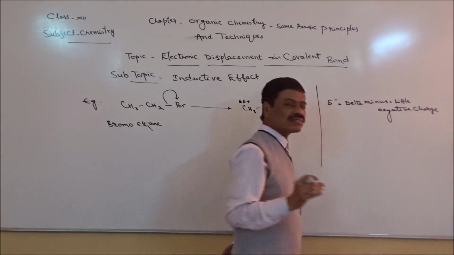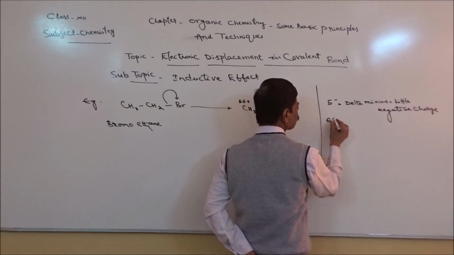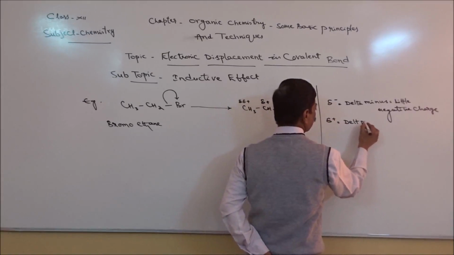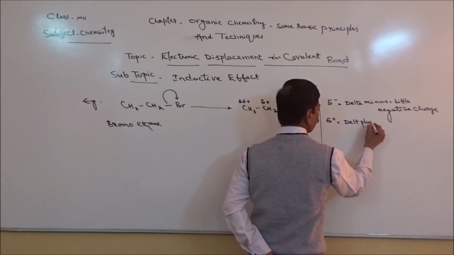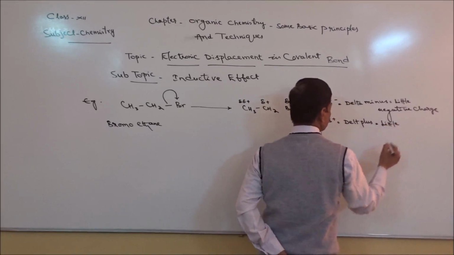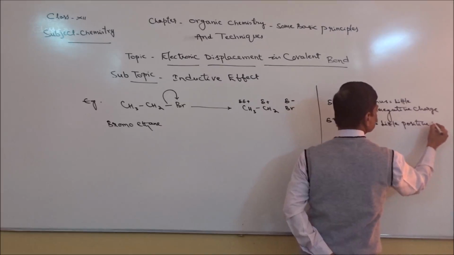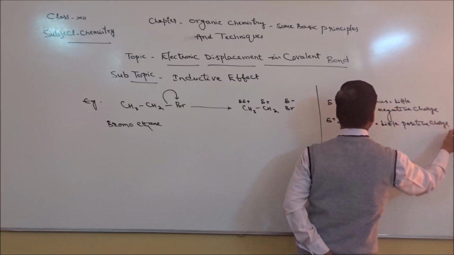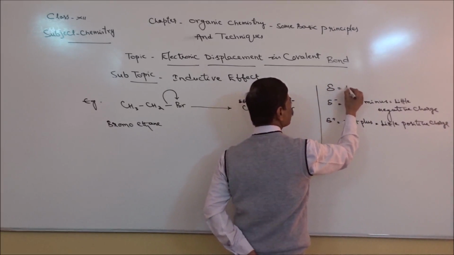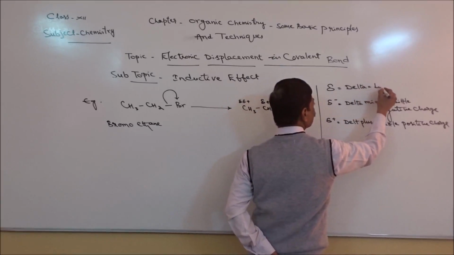So delta means little. Next, delta plus means little positive charge. So here this sign should be read as delta, which means little.